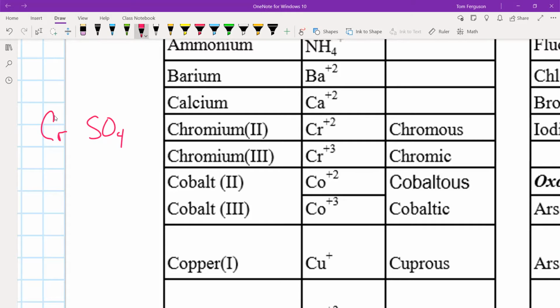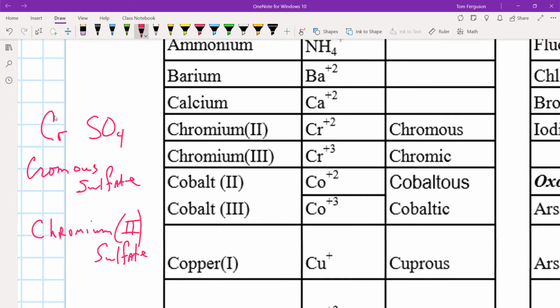So the name of this is chromous sulfate or chromium 2 sulfate. So those are the two equivalent names for that.